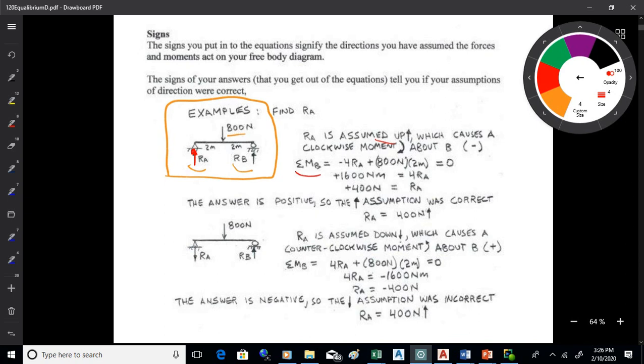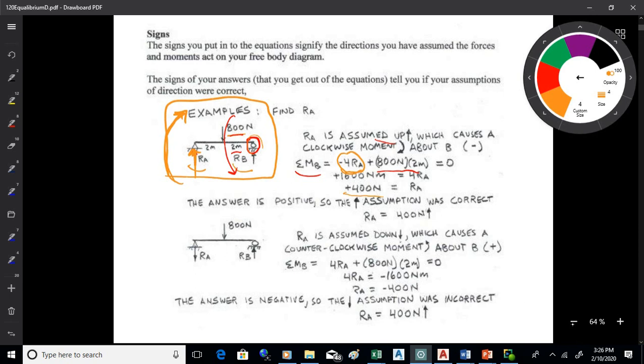Now, what I can do, and we'll get into this in a minute, is take a moment about B to analyze this, and when I did that, I got 800 newtons times 2 meters, and that's counterclockwise, so that went in as a positive. And then I have this one, which is going to create a clockwise moment, so that would be negative 4RA. So when I assumed RA was up, the moment it creates about point B is negative, it's clockwise. So that's why that's a negative 4RA.